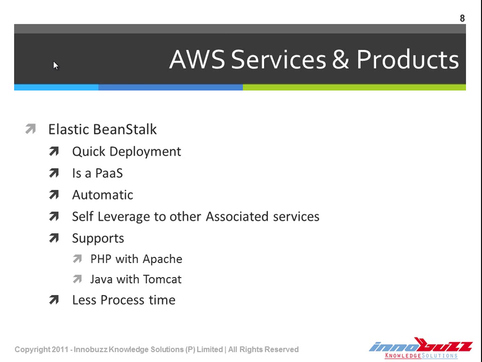Both are available in 64-bit as well as 32-bit, and it also supports the same under Windows Server as well. And the time taken to complete the Elastic Beanstalk application deployment is less when compared to deploying the application into a normal EC2 stack.